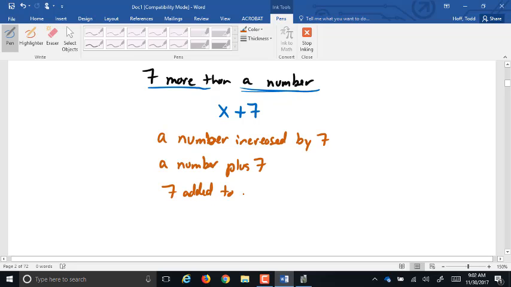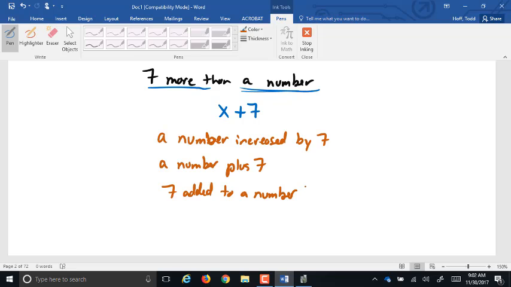Seven added to a number. Any others? Elevated, yeah. Yep, a number elevated by 7 or 7 greater than a number.